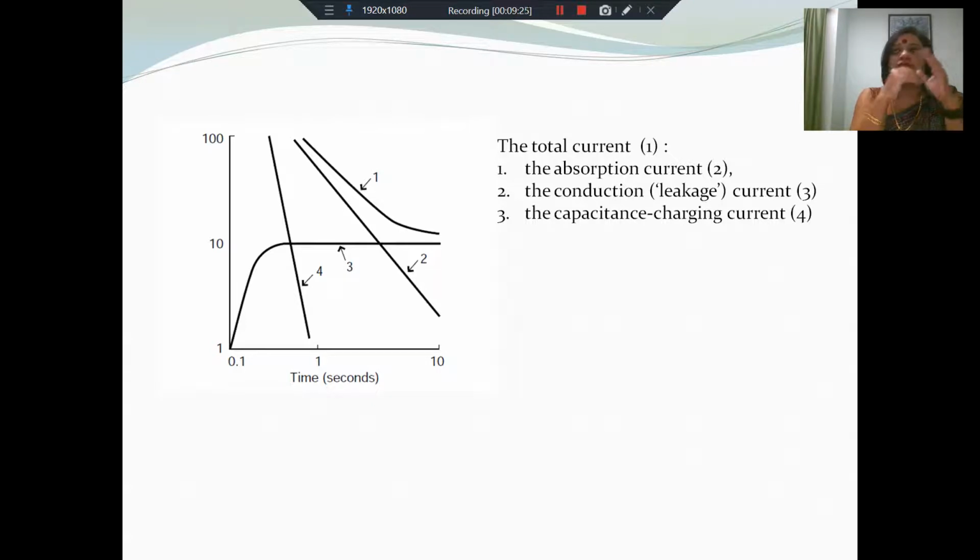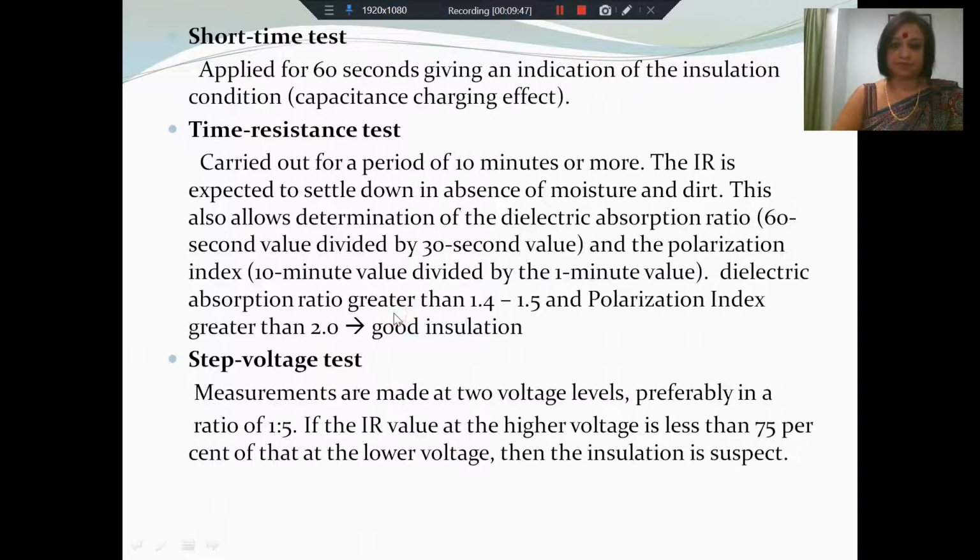And by making resistance measurements at different points of time, we should be able to estimate values of the different processes. And because these different processes depend upon different material parameters and different physical processes, it will also give us an idea about the condition of the insulation.